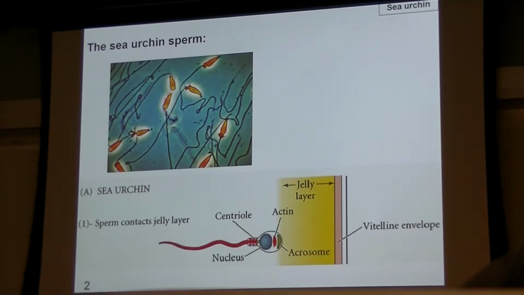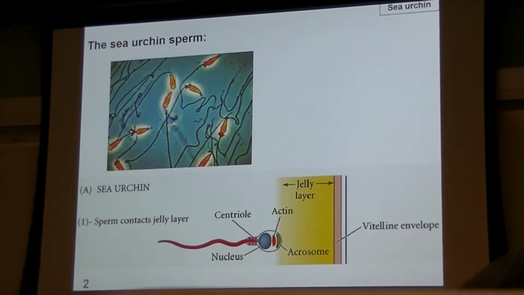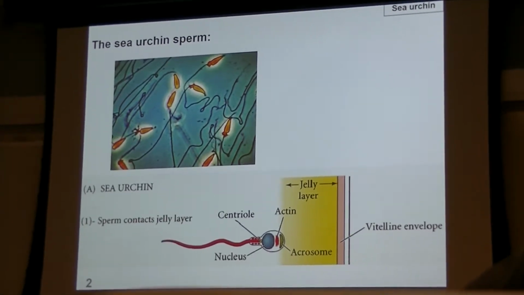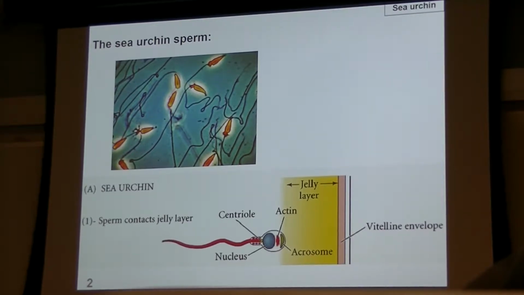It comes equipped with a centriole, a nucleus, and then a couple of other key features. A little blob of actin, and we'll tell you what that's all about. And then in front of that, another small membrane-bound pouch or vesicle called the acrosomal vesicle, and we'll talk about that too.